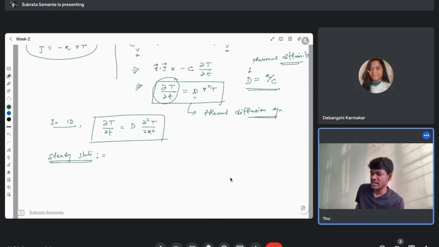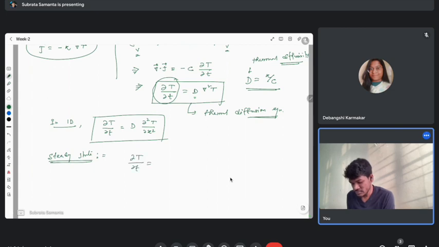Yeah, that means the state of the system is time independent, right? Over a long time, the system state does not change. So this implies that del T over del t equals 0. There are no time variations.